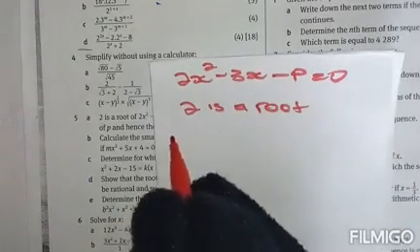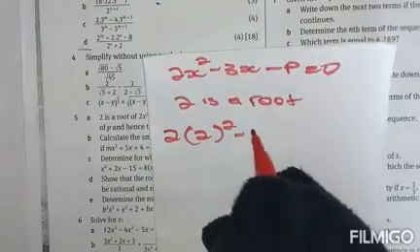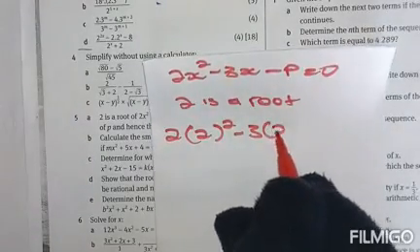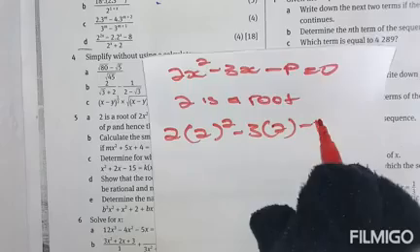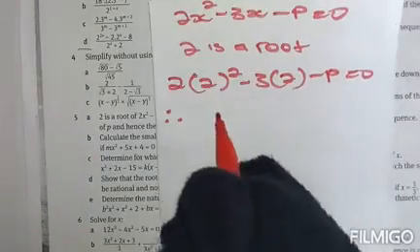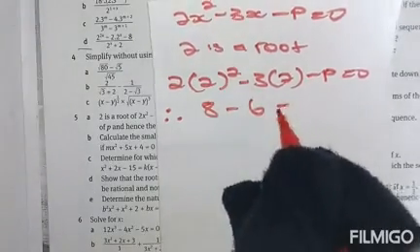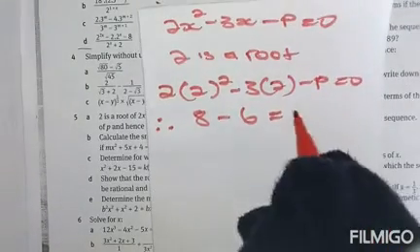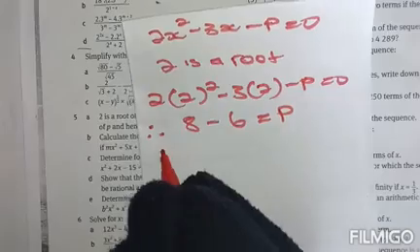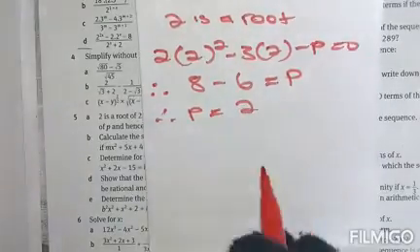So we have 2 multiplied by 2 squared minus 6 minus p equals 0. Therefore, we have 8 minus 6 equals p, so our p is 2.